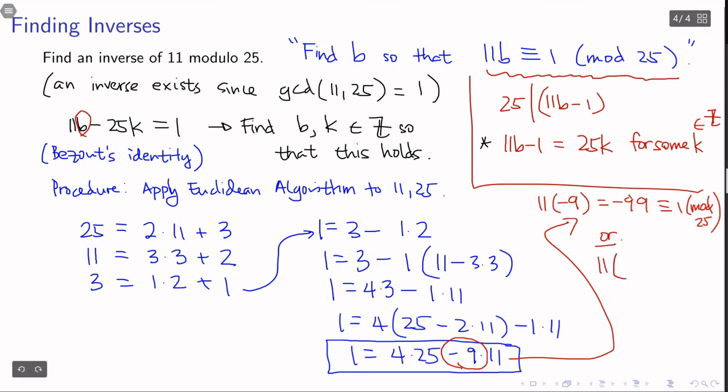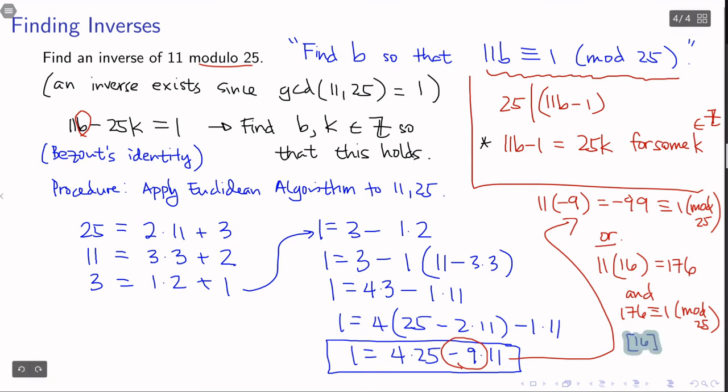So negative 9 plus 25, to get the next number up in the same congruence class mod 25, is 16. And 11 times 16 is equal to 176. And 176 is indeed congruent to 1 mod 25. Again, that makes sense, right? Because any number in the congruence class of 16 will work.